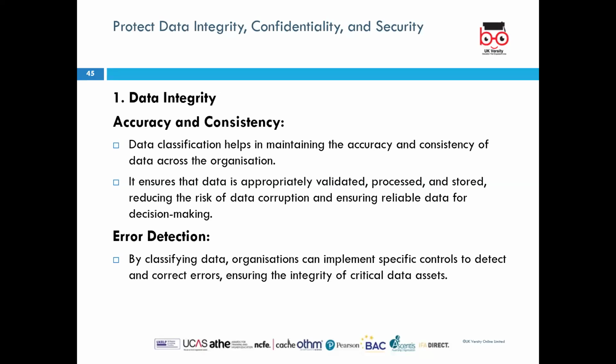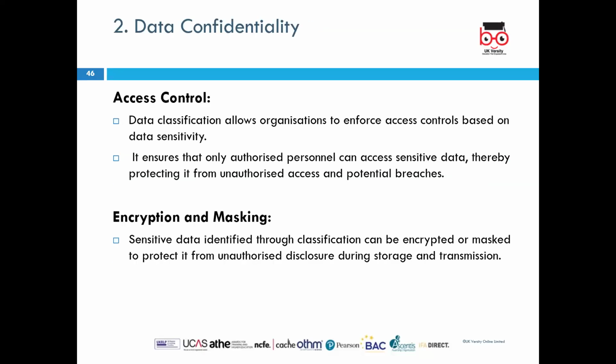Data classification helps in maintaining the accuracy and consistency of our data across the organization. Error detection. By classifying data, organizations can implement specific controls to detect and correct errors, ensuring the integrity of critical data assets.